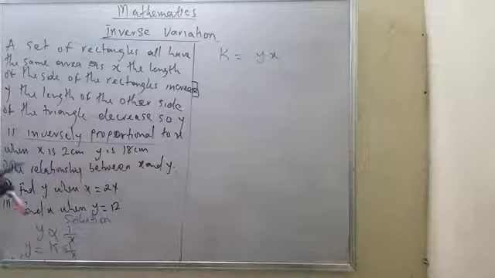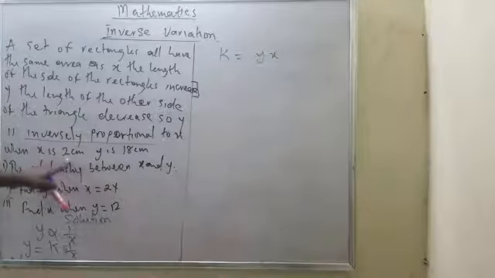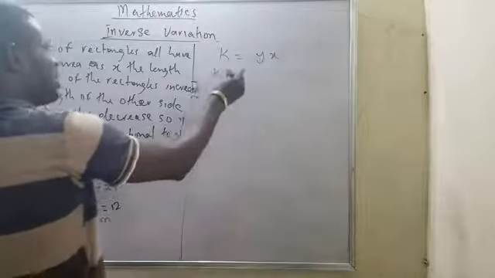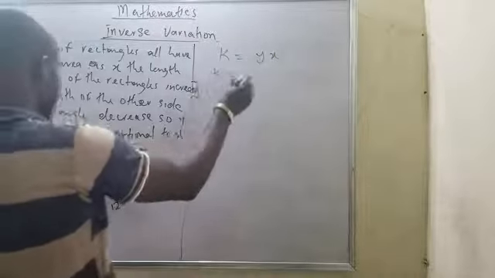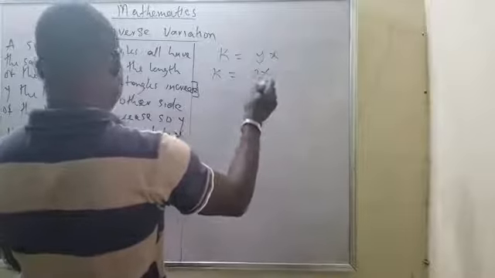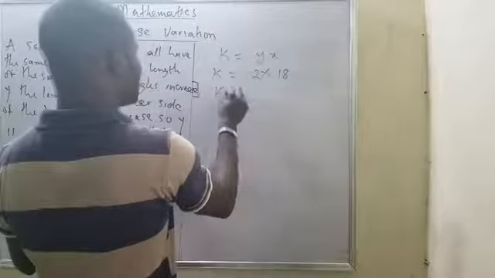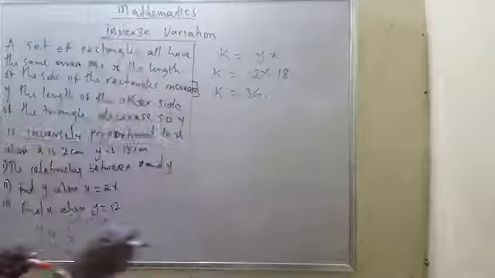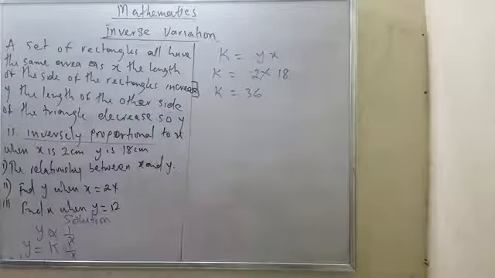Now, they ask us to find the relationship. When x is 2, y is 18, so my k will be equal to 2 multiplied by 18, which is 36. That is my k, k equals 36.